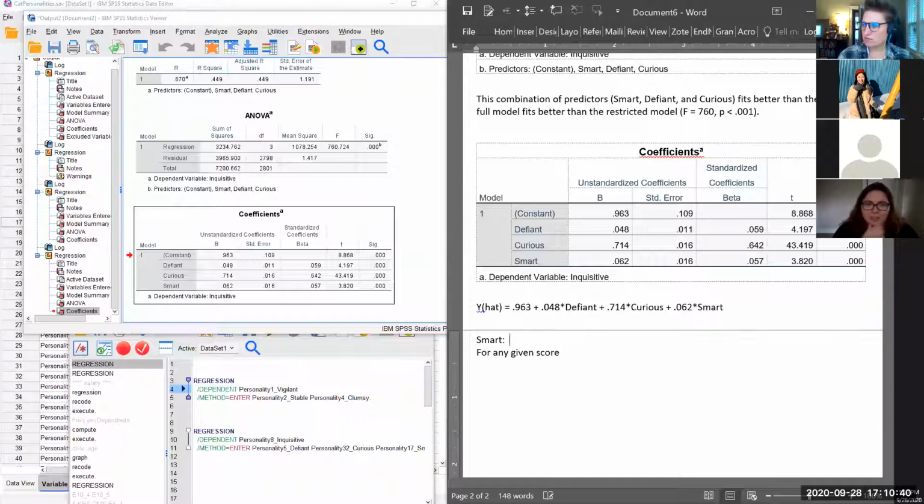That's the outcome. Yeah, so for any given, and it's scored on 1 to 7, right? So for any given score in inquisitiveness, the expected trait in smartness would be 0.062? Is that kind of what's happening?